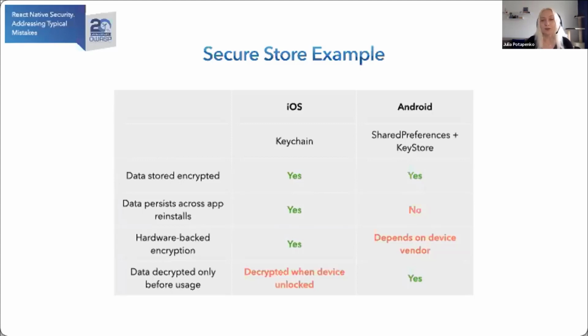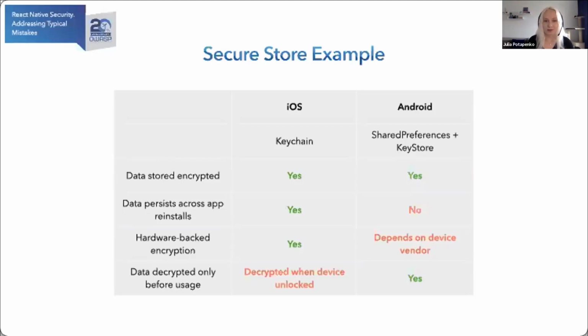Then, if you use keychain, your data is decrypted when your device is unlocked, meaning you use Touch ID, Face ID, or passcode, and then your data is stored in plain text until you lock your device. While on Android, this library decrypts the data just right before usage.